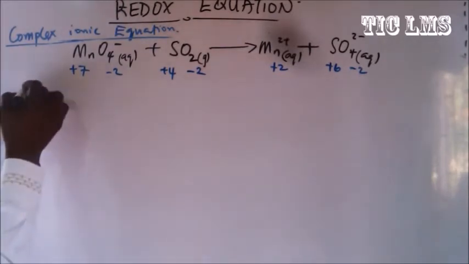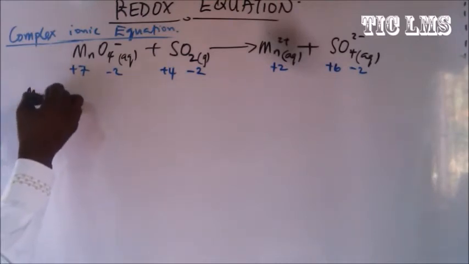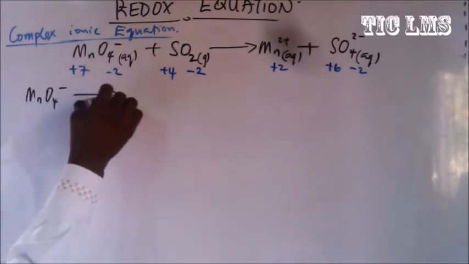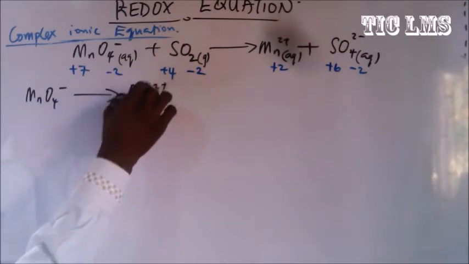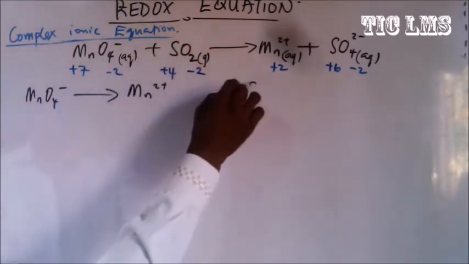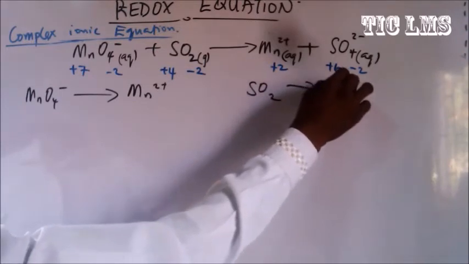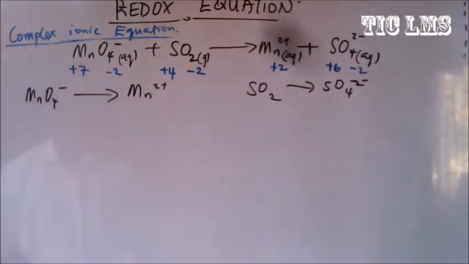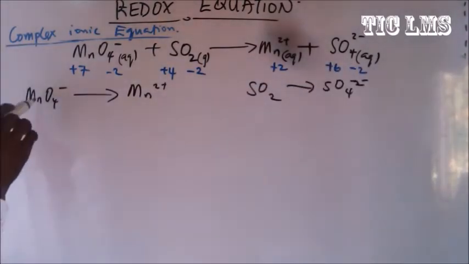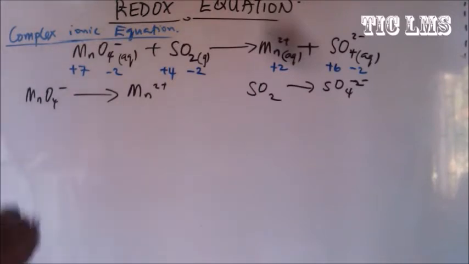To do that, we have MnO4- becoming Mn2+, and then we have SO2 becoming SO4 2-. From what we have here, manganese, which was +7, has reduced to +2. And for it to have reduced, it means that it must have gained electrons. Specifically, it has gained 5 electrons.